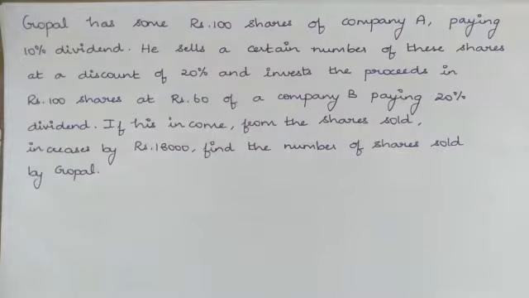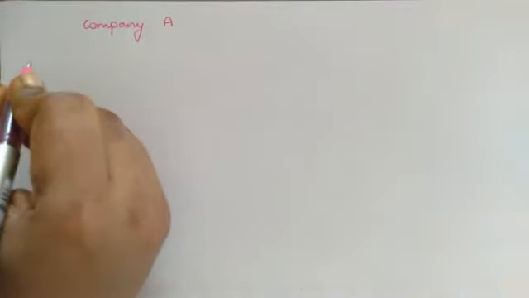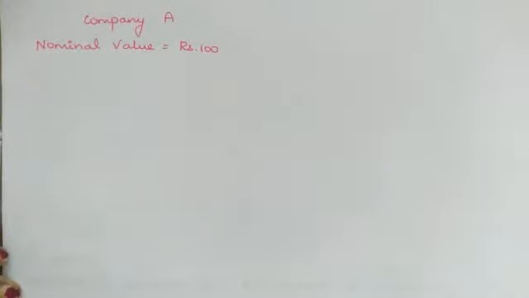So let's do it. First, let's talk about company A. In company A, the face value of his share was rupees 100. They are paying a dividend at the rate of 10% on his share. Let's identify how much dividend is paid by the company for each share.